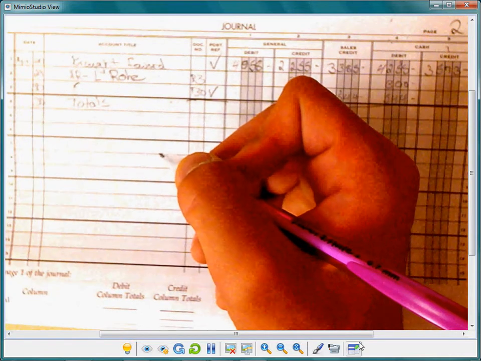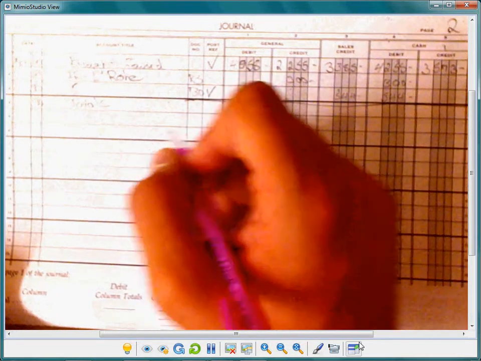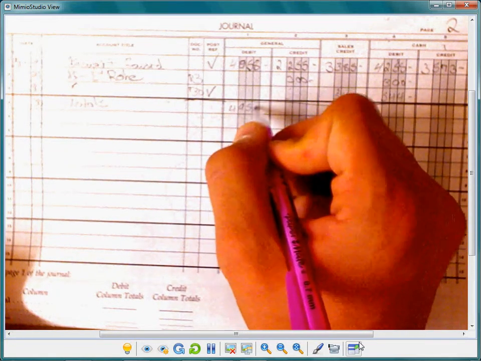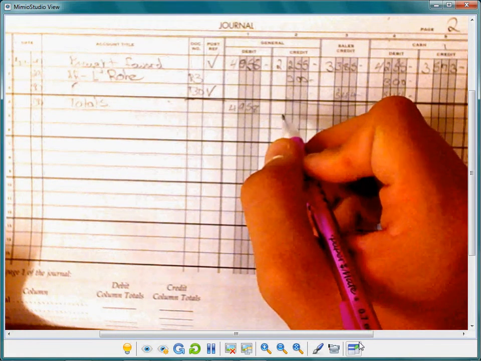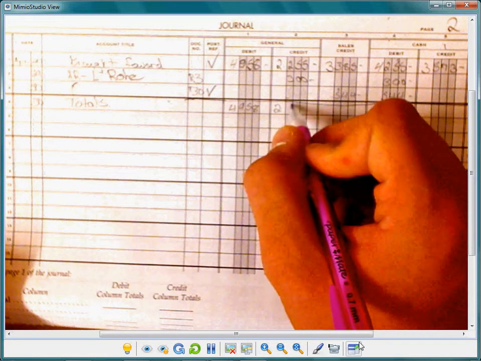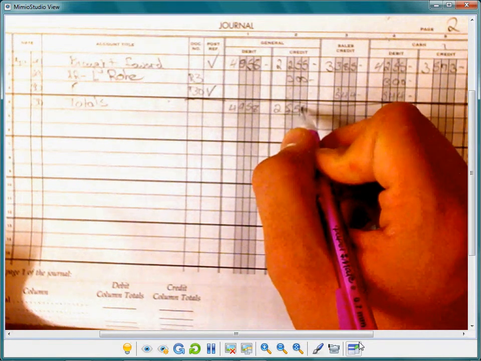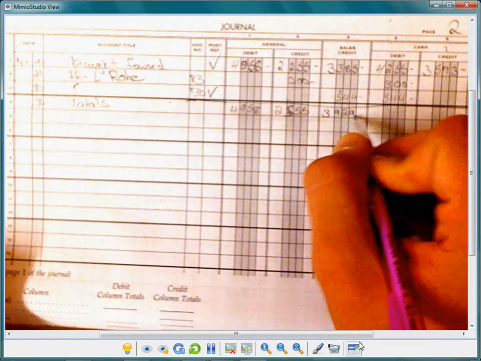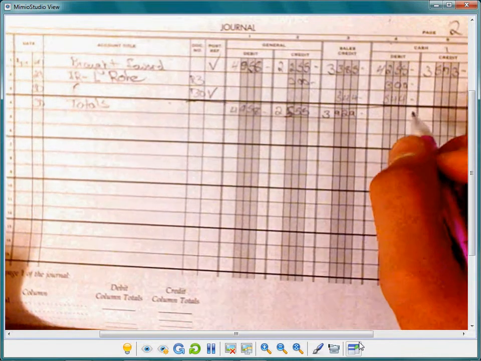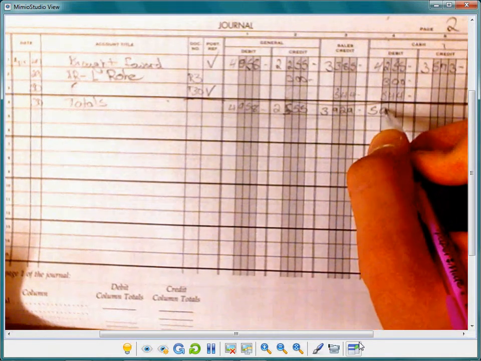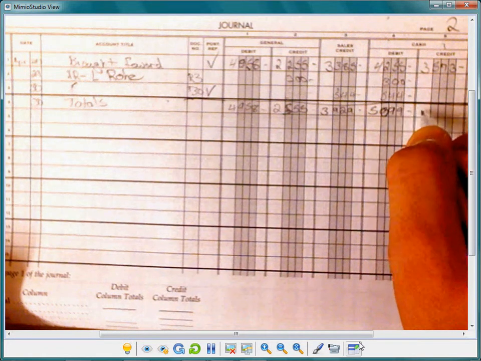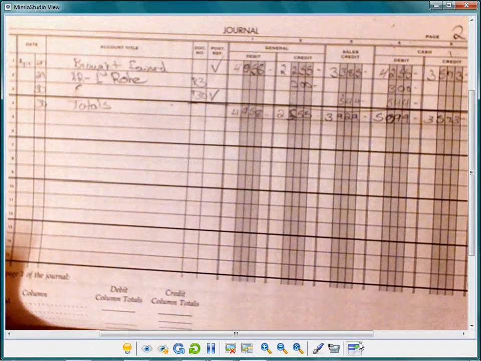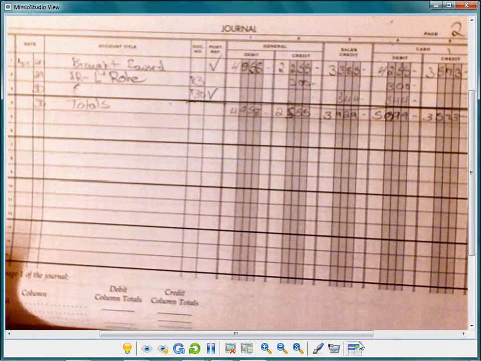And then we will add those up. $929. Cash debit, $5,099. And cash credit, $3,573. And then you would have added those together to make sure they equal each other, and we'll do a double rule.